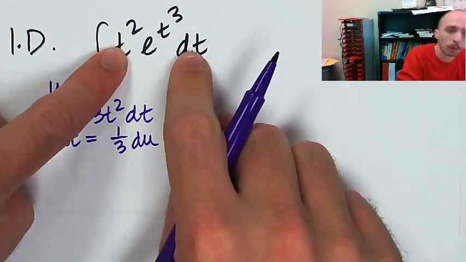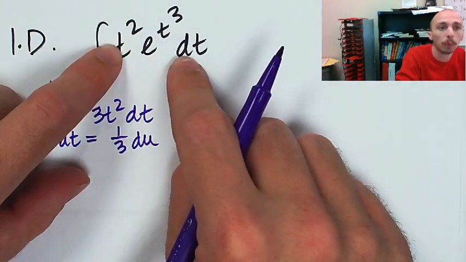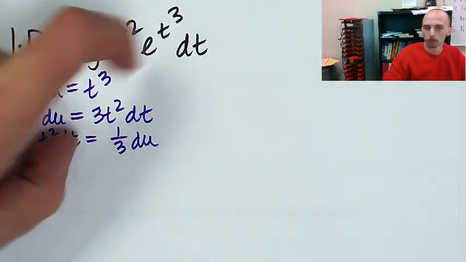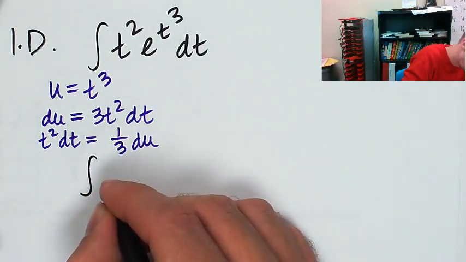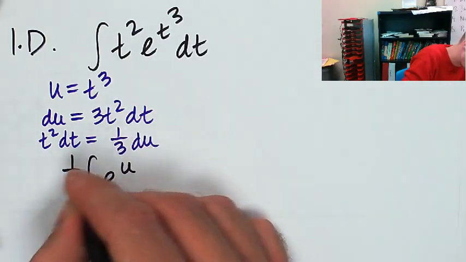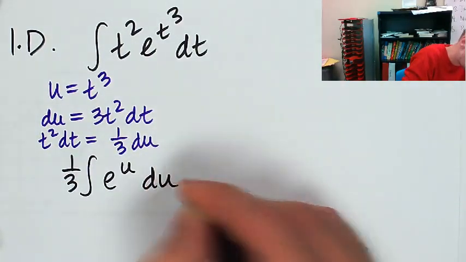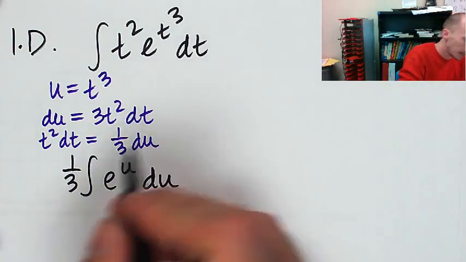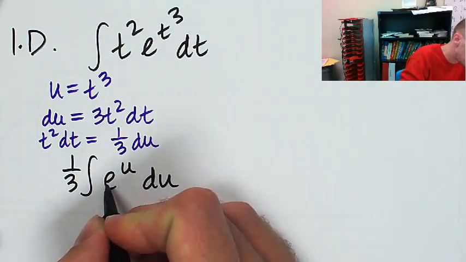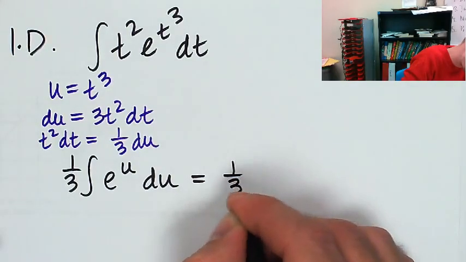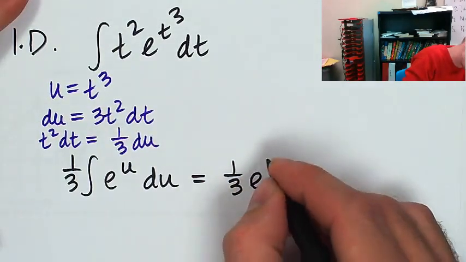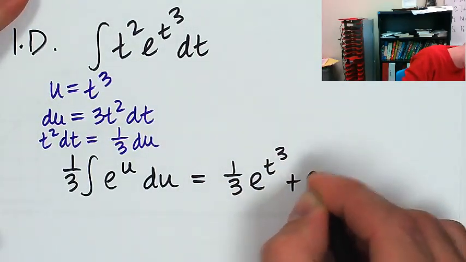So this and that are going to turn into a 1/3 and a du, and this will become e to the u. Okay. So this is going to become the integral of e to the u times 1/3 du. An antiderivative for e to the u with respect to u is e to the u. And so that's 1/3 of e to the u plus c.